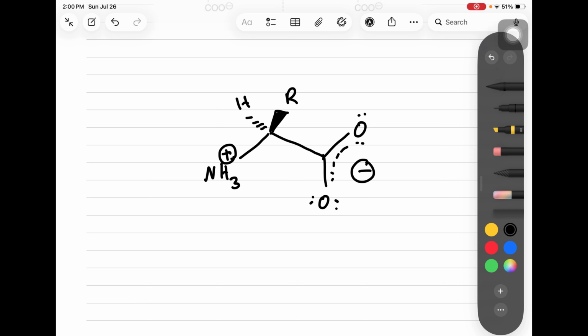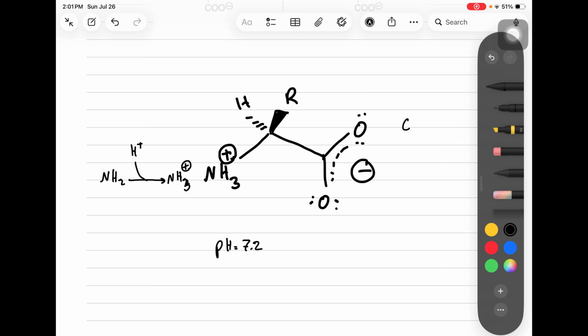At physiological pH 7.2, the carboxyl group, the COOH, donates a hydrogen, while the amine group, the NH2, accepts that hydrogen. The NH2 at physiological pH 7.2 accepts the hydrogen. It gains an extra positive charge, so it would be positive.